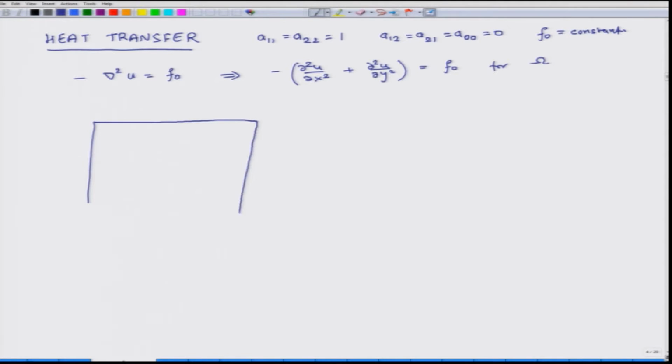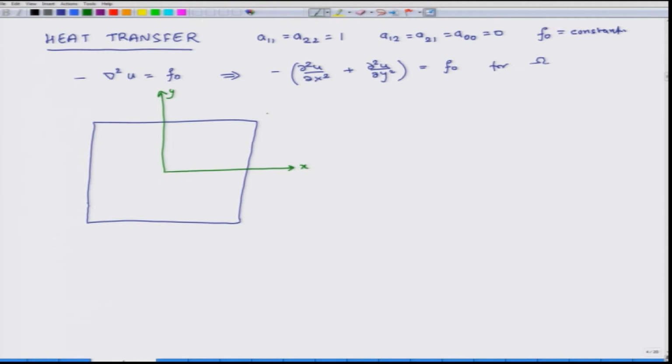We can say that it is like a square plate, and for purposes of simplicity, here this is my x axis, this is my y axis, and the size of this plate is 2 by 2.